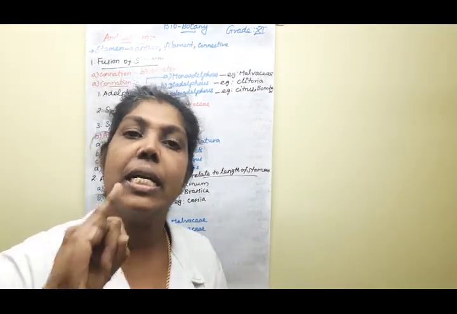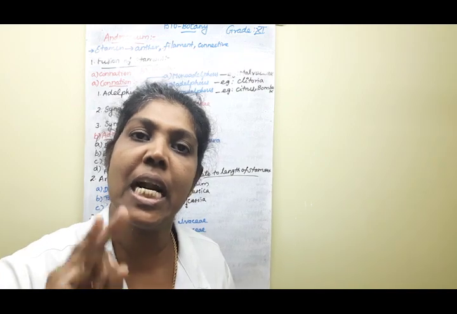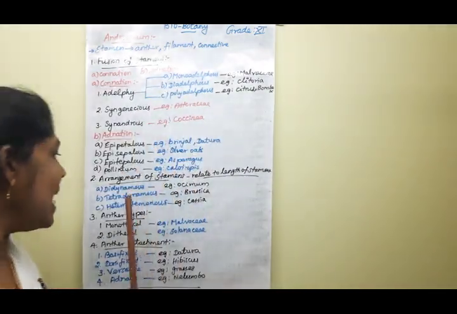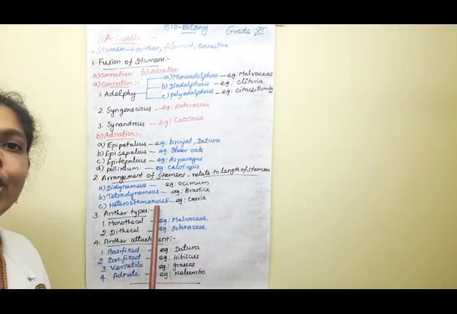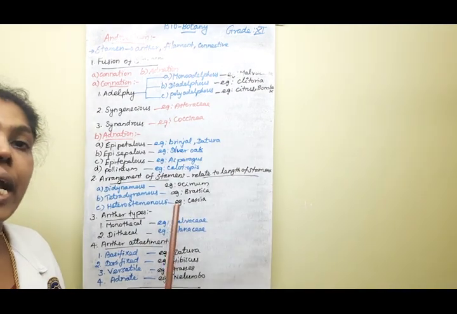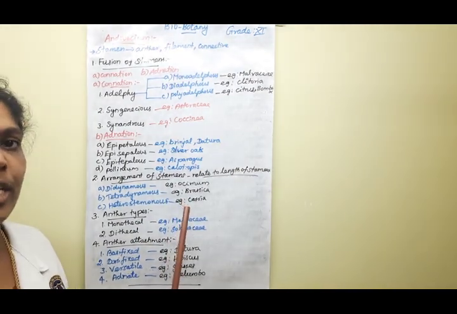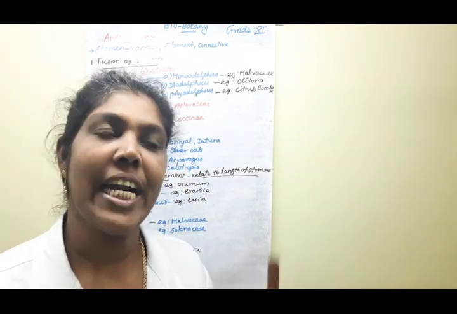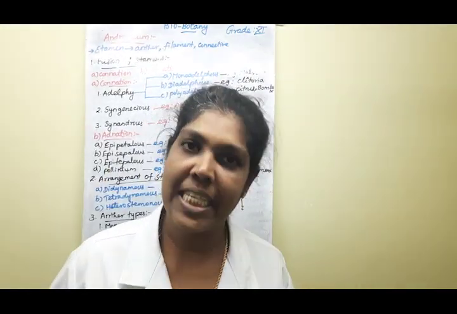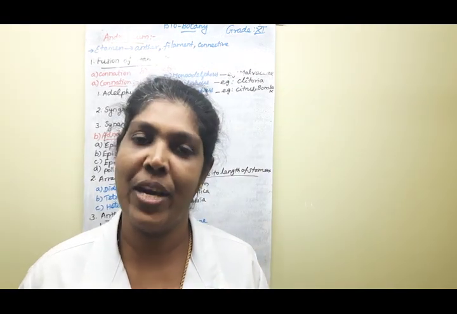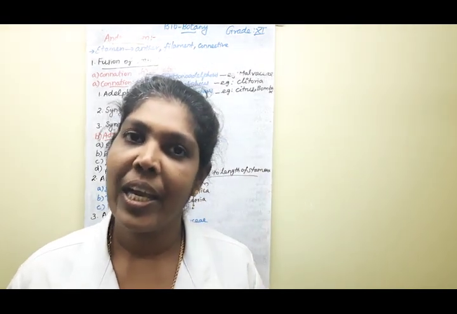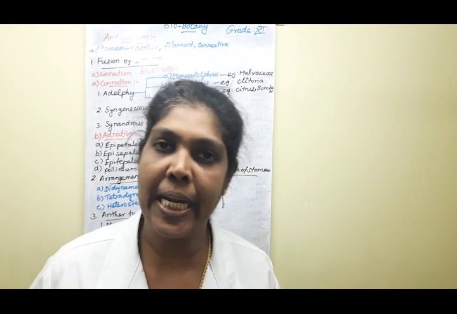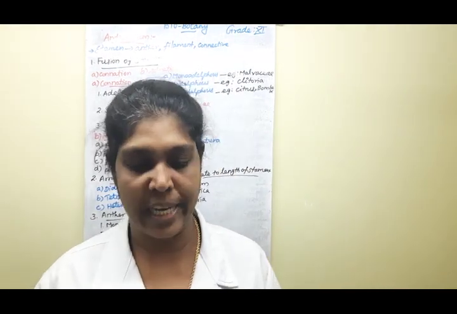One is didynamous, tetradynamous, and finally the last one is heterostaminous. Understood? Can you repeat these three terms? Yes, very good. Didynamous, tetradynamous. Good, very good. Then finally heterostaminous. Understood? Yes, good.